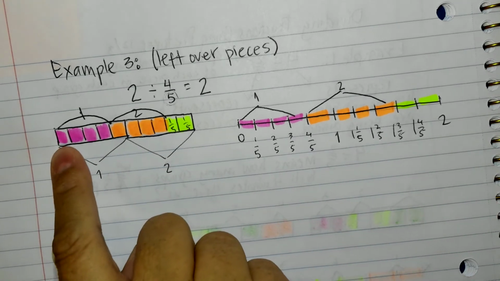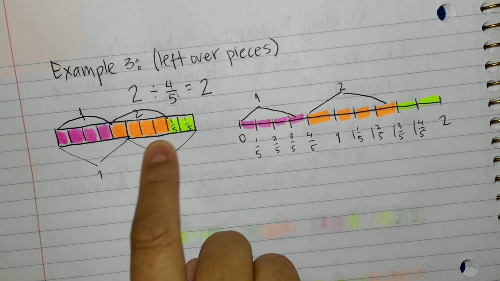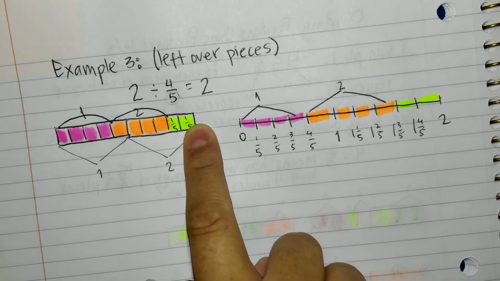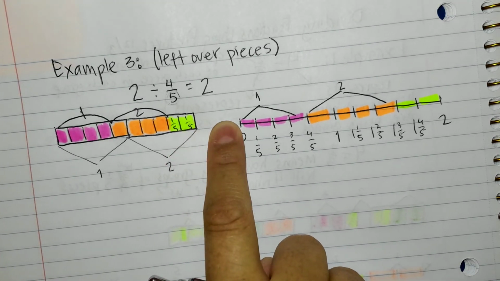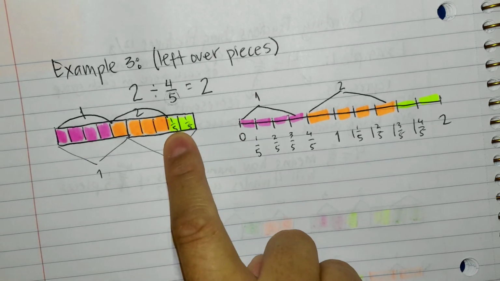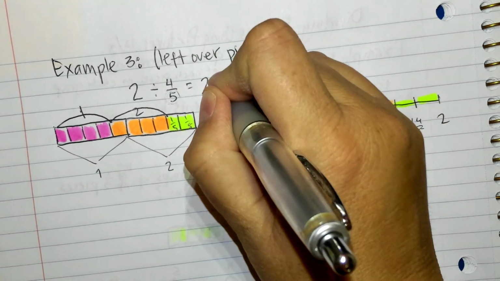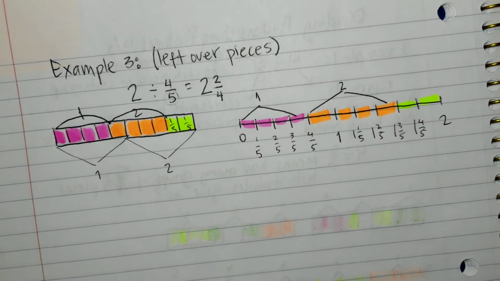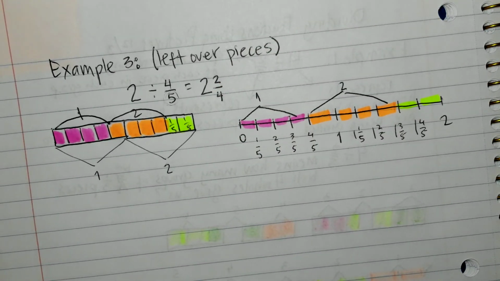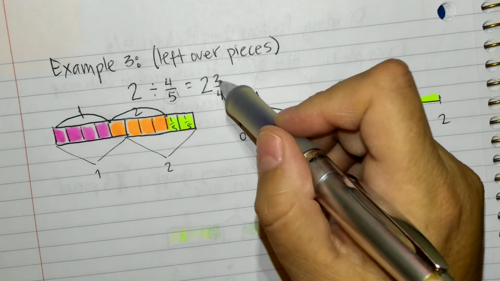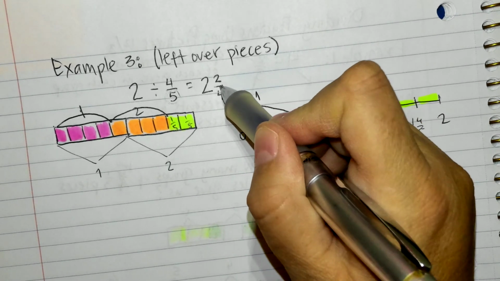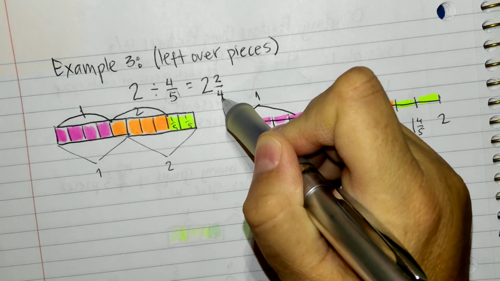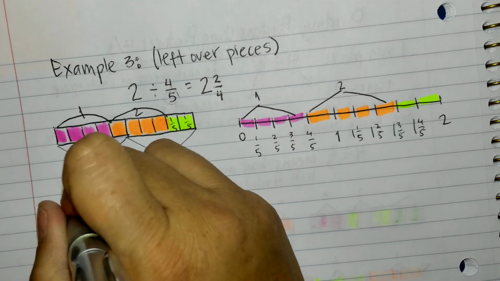So as you can see here, I was putting 4 in each group. And in order to make another group, I needed 2 more pieces. But I only have 2 out of the 4 that I need. And I'm going to write that in words.